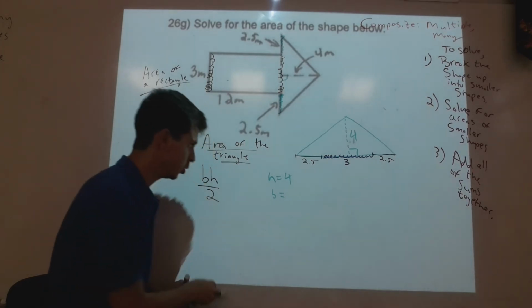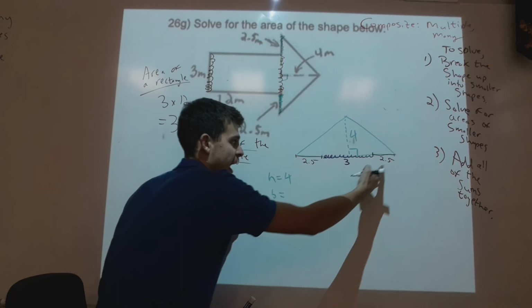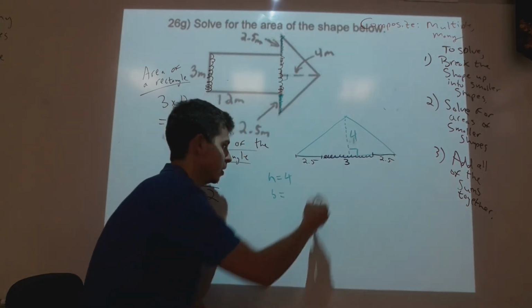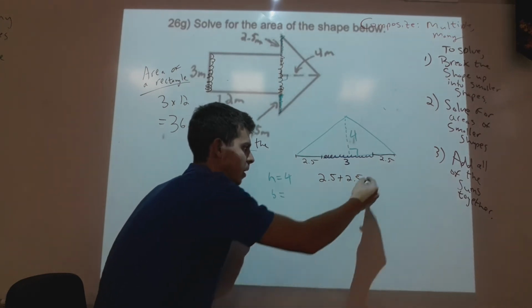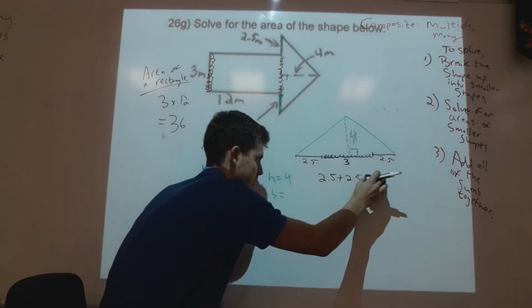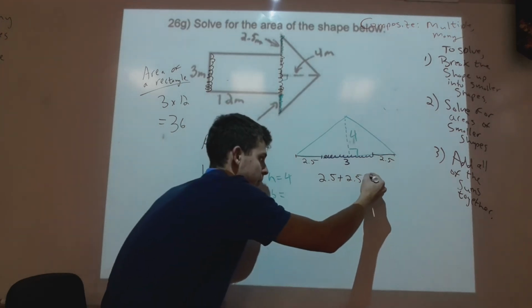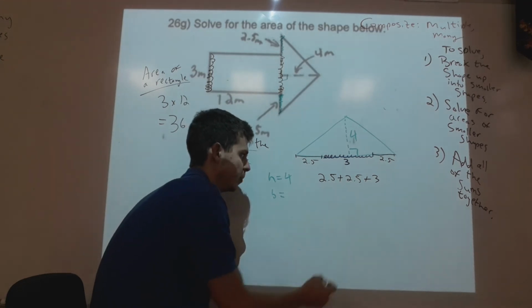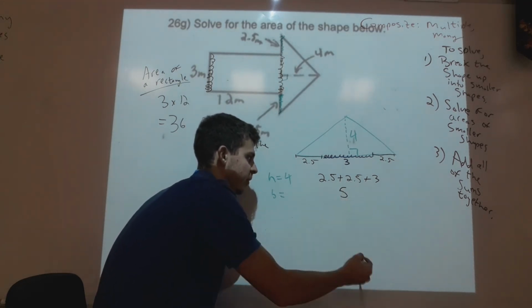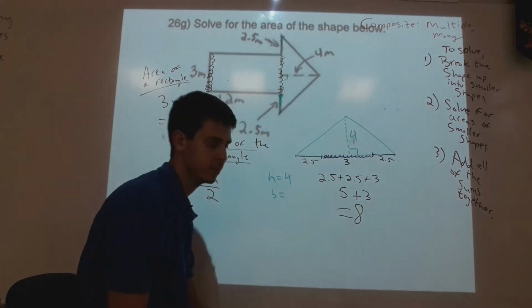So I've got 2.5 plus 3 plus 2.5. I'm going to add the 2.5s together first. I'll write the whole expression out. It's an expression, not an equation, because I'm just writing without an equal sign. So the 2.5 plus 2.5 is going to be 5 plus 3, and that's equal to 8.